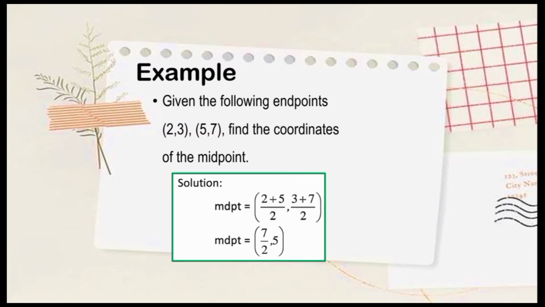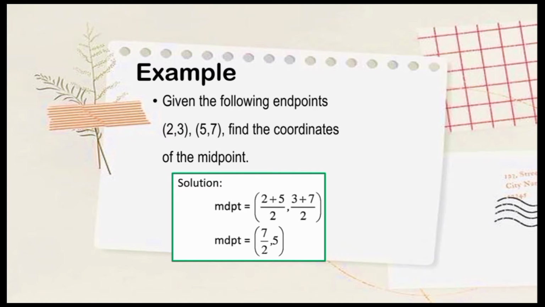So the solution. First, let's substitute the following x sub 1, x sub 2, y sub 1, and y sub 2. So first, x sub 1 is 2, then the x sub 2 is 5, then divide by 2.